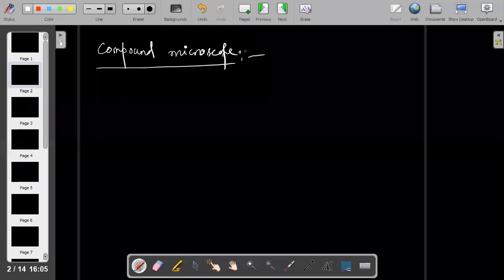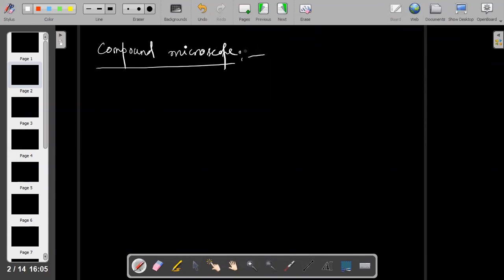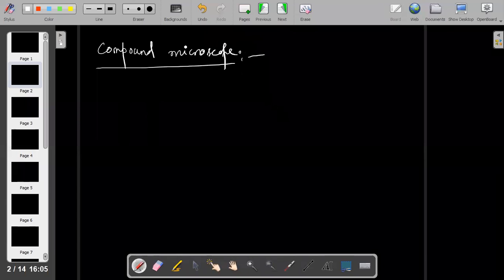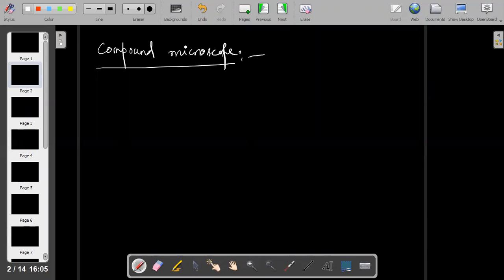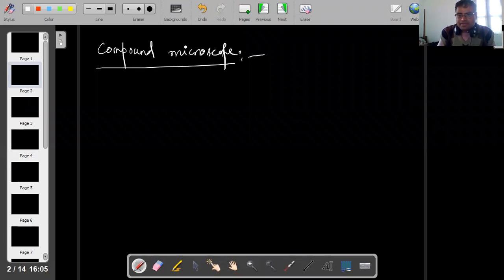Compound microscope. Microscope is used to see microscopic objects, write this. This is an optical instrument which is used to view microscopic objects.